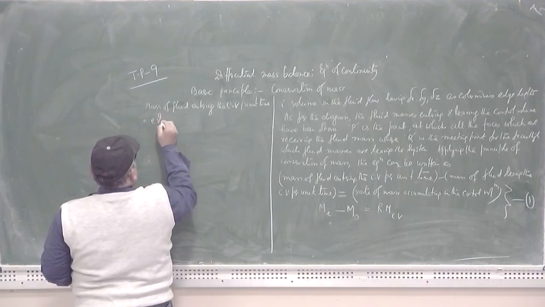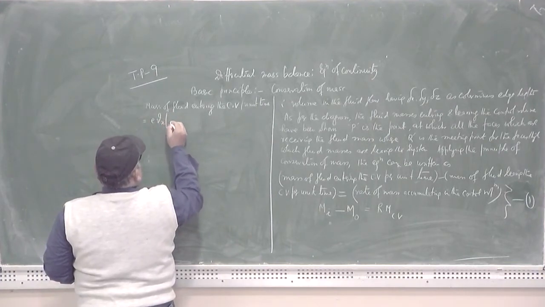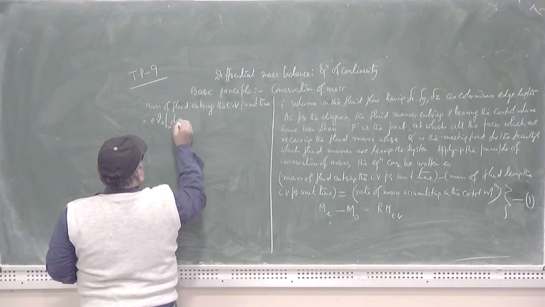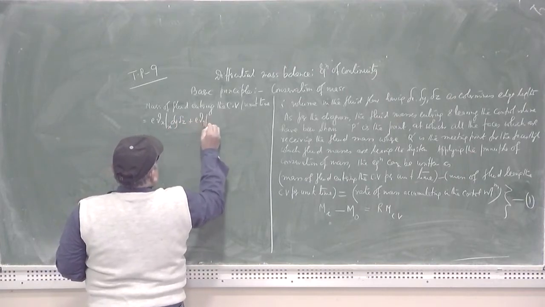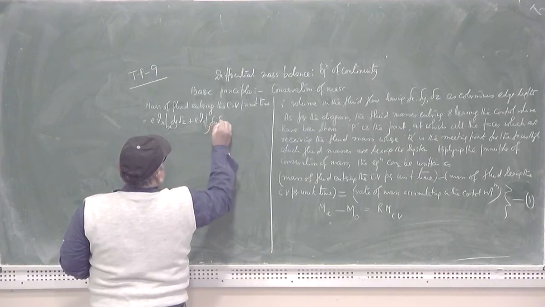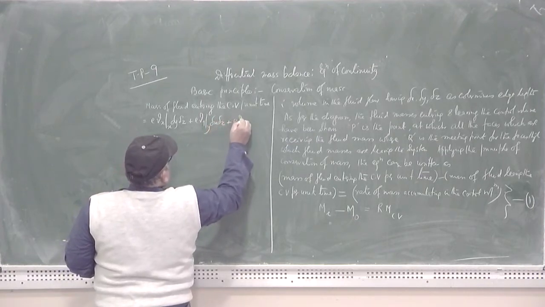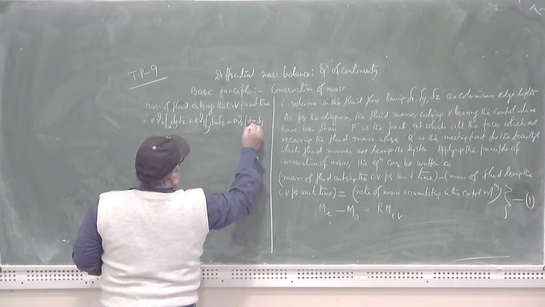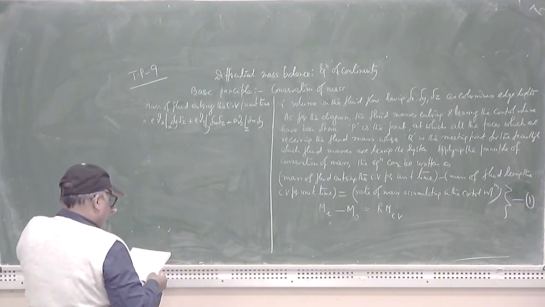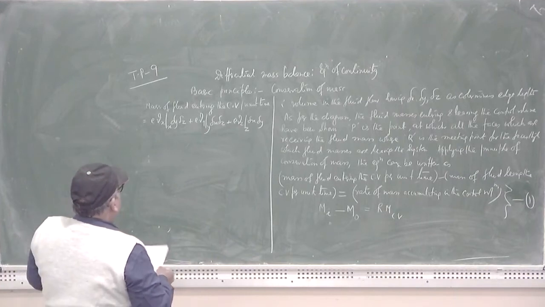Rho Vx at x, delta y delta z, plus rho Vy at y, delta x delta z, plus rho Vz at z, delta x delta y. Let it be equation number 2.